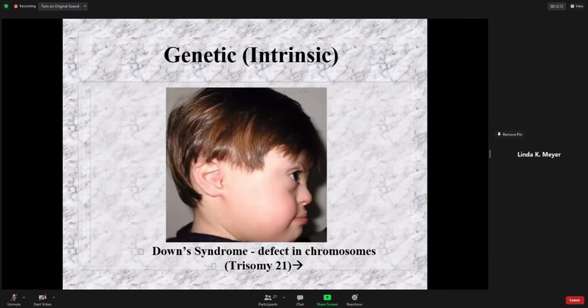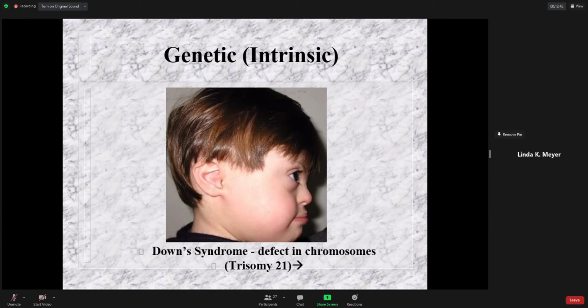And then an example of a defect in chromosomes is what's called trisomy 21 or Down syndrome, where the patient has an extra 21st chromosome. And some of these genetic diseases could just be a result of a spontaneous mutation that occurs in the individual in the womb.